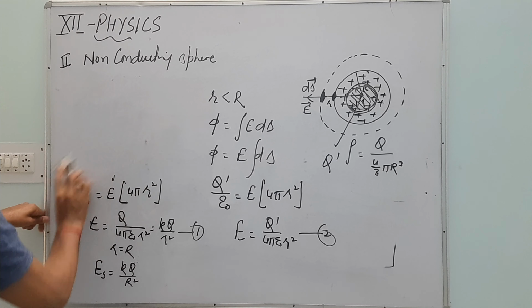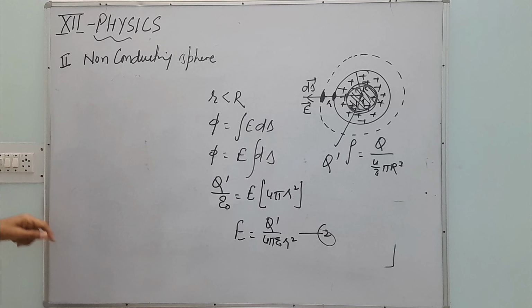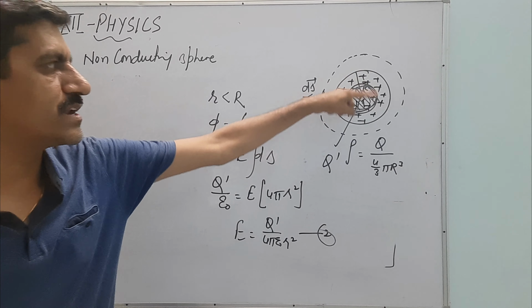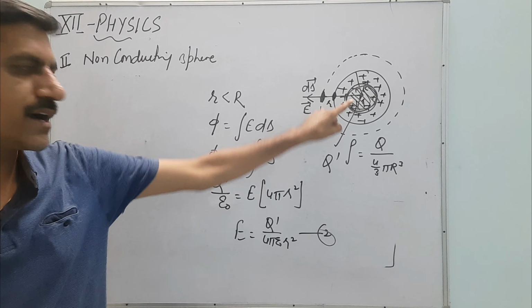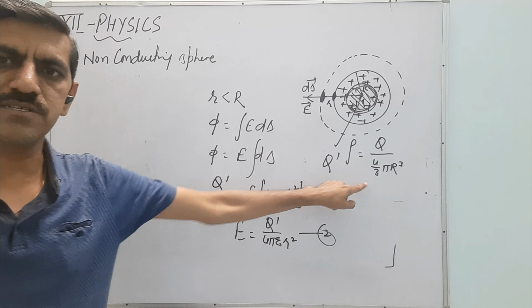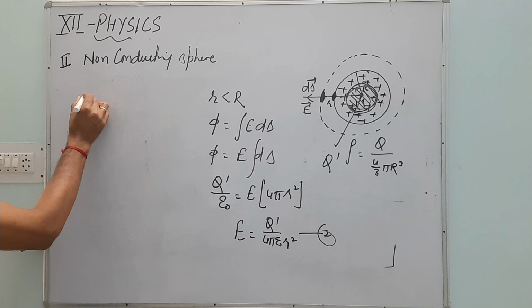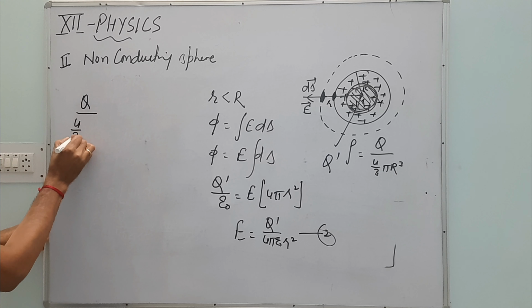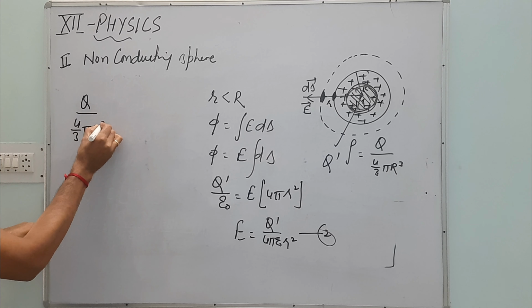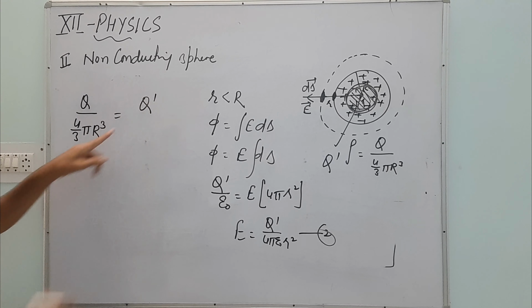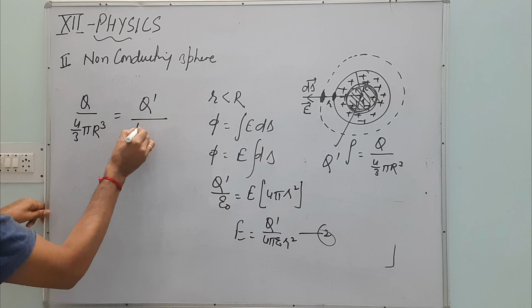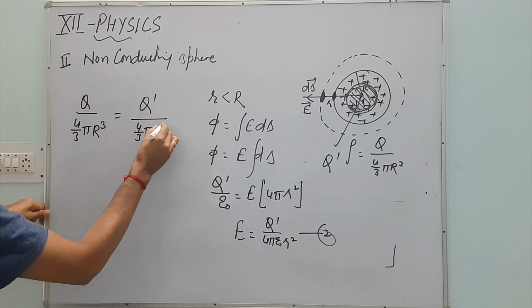ये जो छोटा स्फेरिकल concept लिया, इसमें जो चार्ज enclosed है वो टोटल चार्ज से कम होगा. इसको निकालने के लिए हम यूनिफॉर्म चार्ज डिस्ट्रीब्यूशन का concept यूज करेंगे. टोटल चार्ज अपॉन टोटल वॉल्यूम, एंड स्मॉल फ्रैक्शन ऑफ चार्ज, it is within the same small volume.